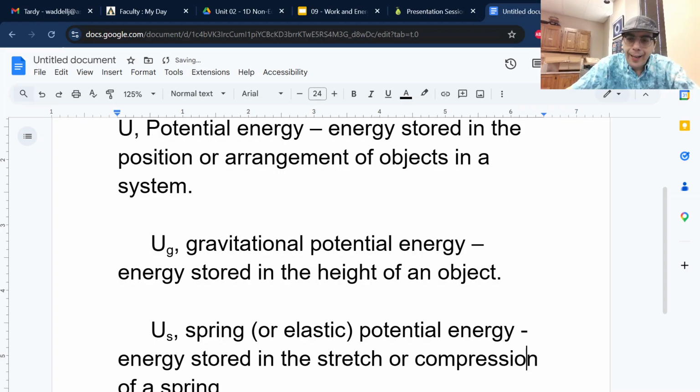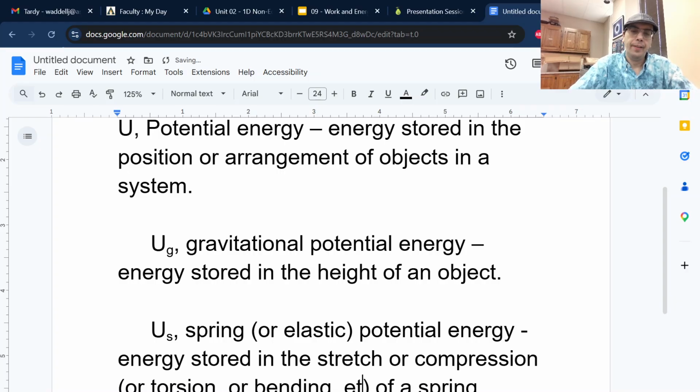And I'm going to add, because there's other types of springs, torsion, or bending of a spring.